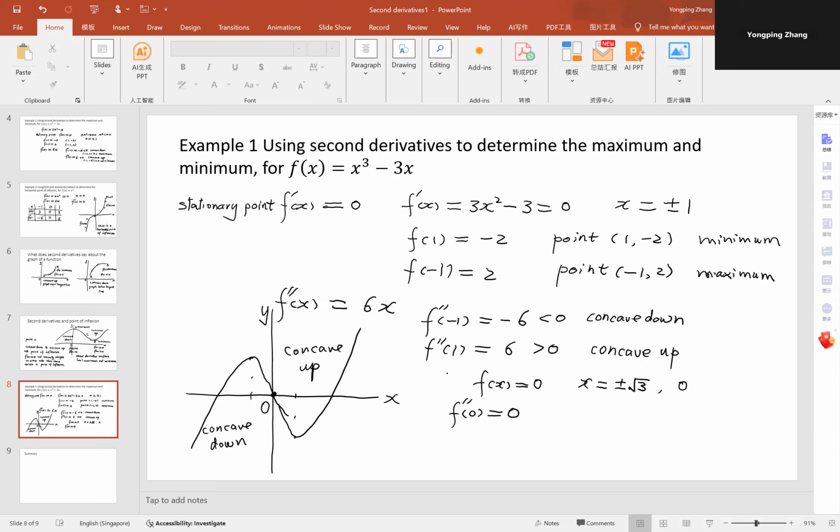This point is the maximum, this point the minimum.